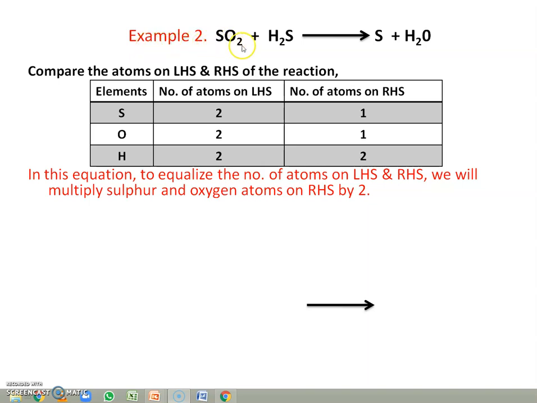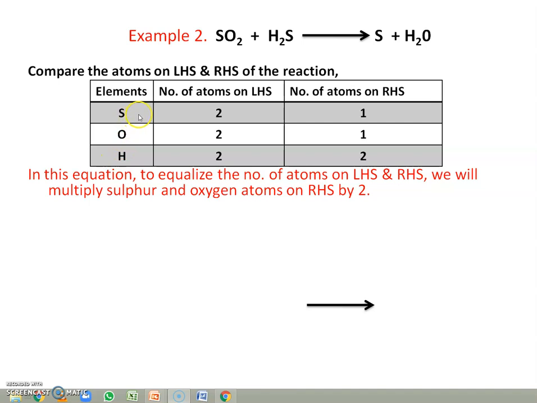When sulfur dioxide gas is treated with hydrogen sulfide gas, it gives sulfur and water. The first thing is we have to compare the atoms on the left hand side and right side of the equation. In this reaction, 3 elements are involved. They are sulfur, hydrogen and oxygen.